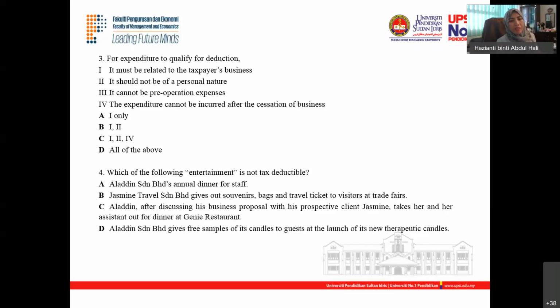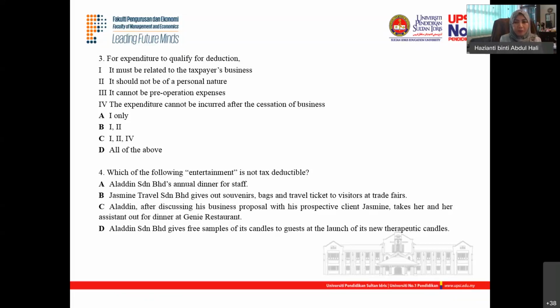B, Jasmine Travel gives out souvenirs, bags and travel tickets to visitors at a trade fair. This is also deductible because it is promotion, and they are giving their own goods, not other people's. So this is tax deductible. C, Aladdin, after discussing his business proposal with his prospective client, takes her and her assistant out for dinner at Genie restaurant.